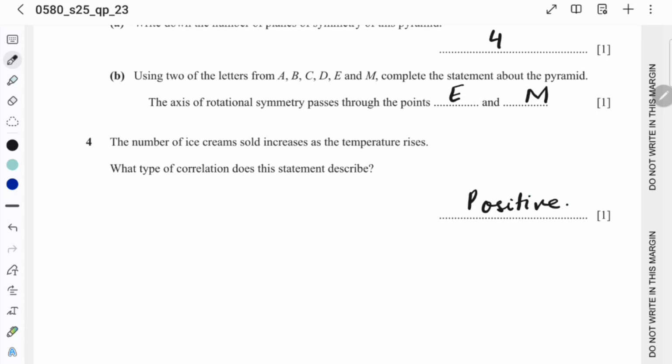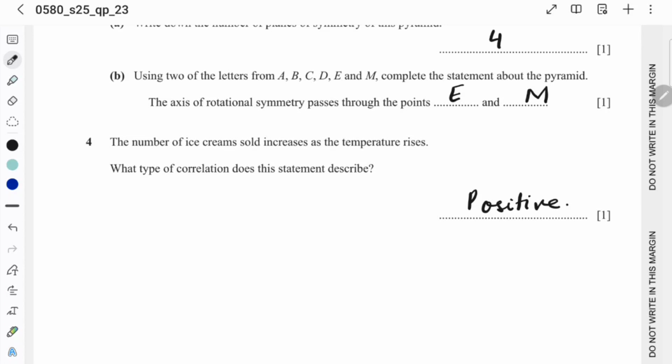As the temperature increases during summers, people tend to buy more ice cream, so both are increasing, and that's a positive one. It's just a 1 mark question. I just explained it in detail.